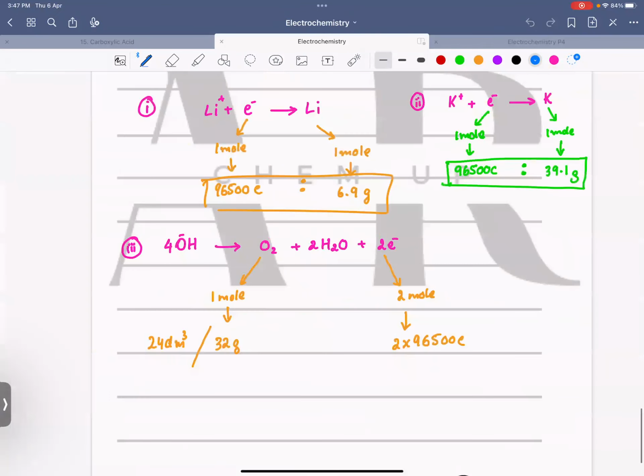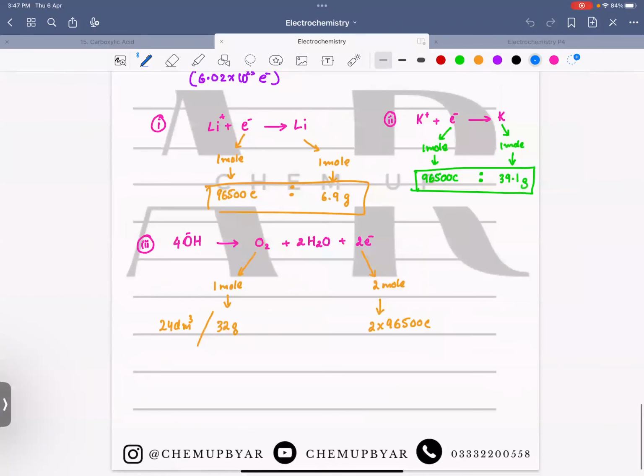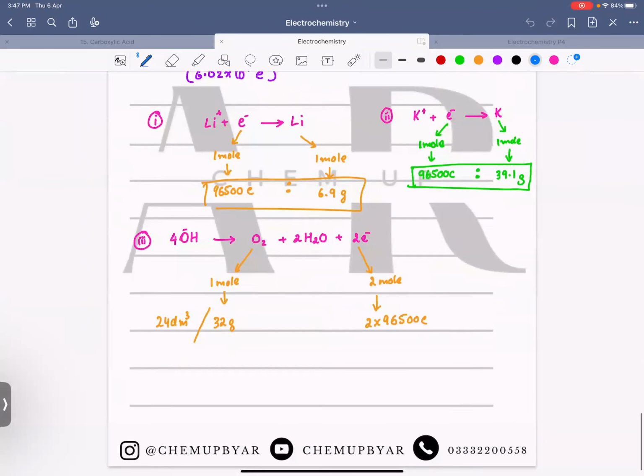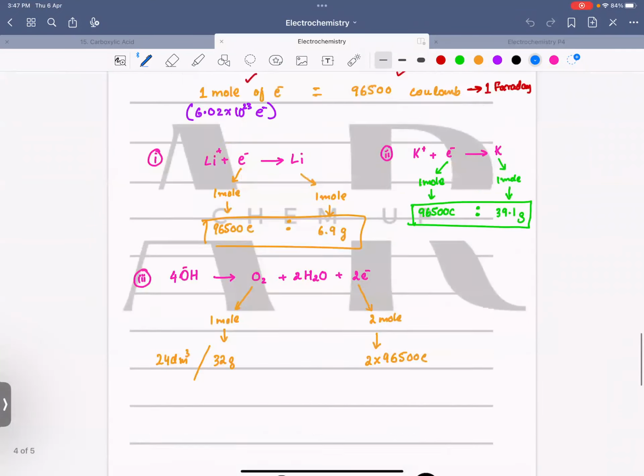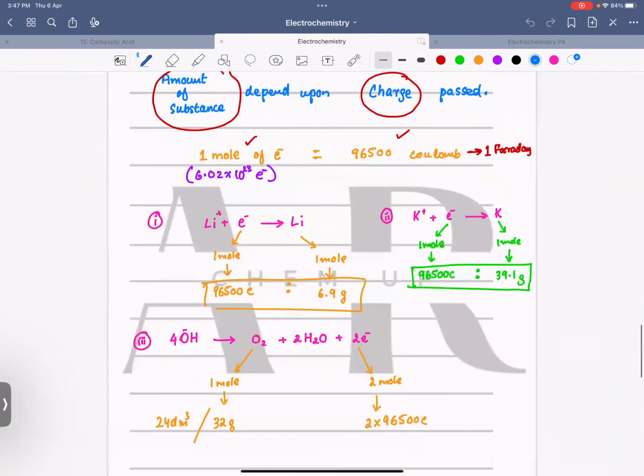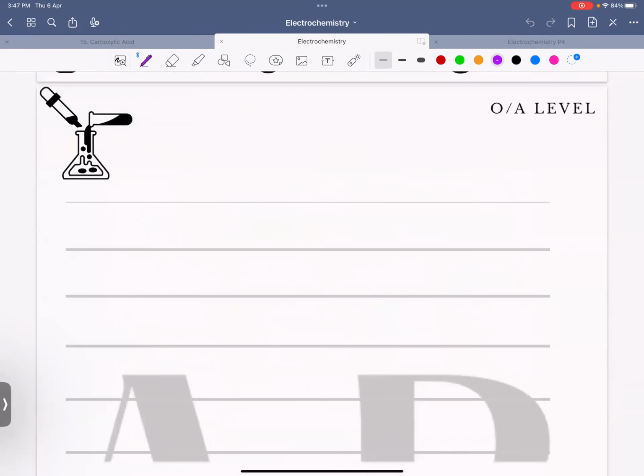Okay, now the next thing related to electrolysis, that is the last thing, is the justification or the verification of our Avogadro's constant. And we all know that Avogadro's constant is 6.02 exponent 23.